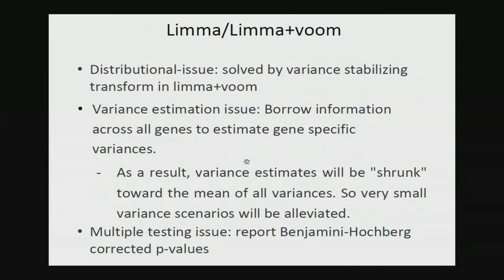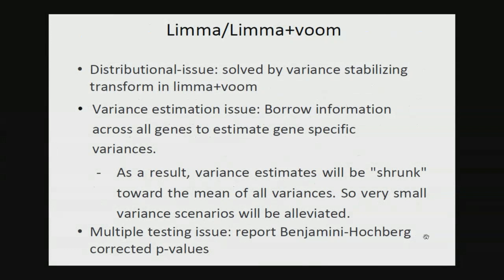It makes the variance for each individual gene shrink towards the mean of all variances. So the large variances get smaller towards the mean of all variances.